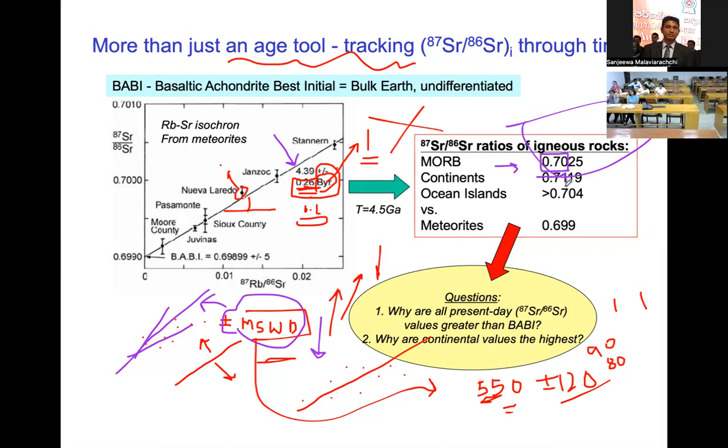Continents have greater than 0.7, MORB is almost 0.7, and ocean islands also give you 0.7, but it might be lower than that value, because as I said, they are mostly unfractionated, right? Because the ocean islands are produced from plume magma, which is coming from the lower mantle region, even the very lower part of the lower mantle.